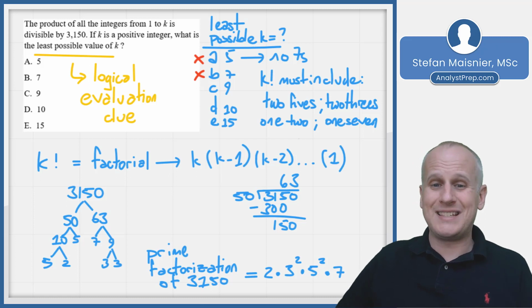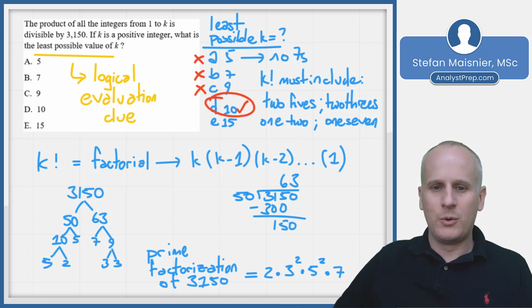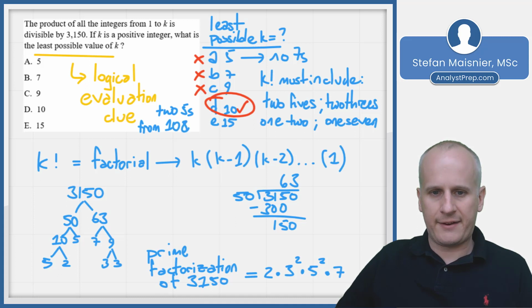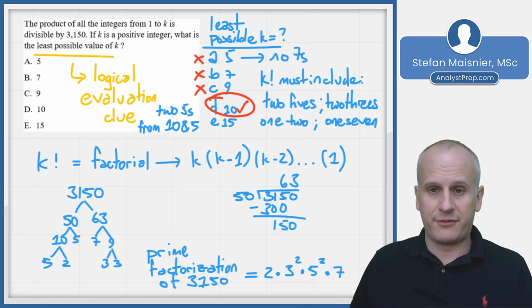With 9, we still have no second 5. But with 10, we get two 5s from 10 and 5 itself, along with 1 7 at 7 in the factorial, 1 2 that you get from the beginning, and of course 2 3s as well.